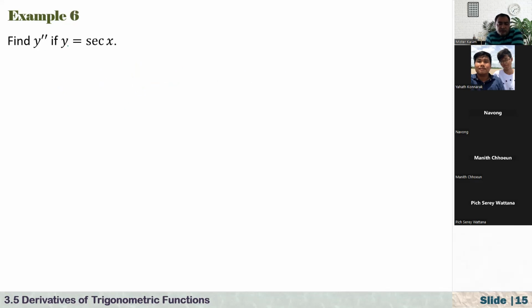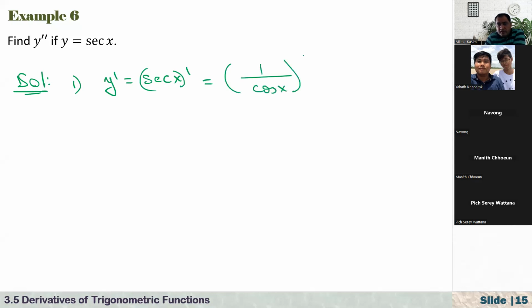So find y double prime. That means the second order or second derivative of this function. Solution. First, what is y prime? That is secant of x prime. And secant is defined as 1 over cosine of x prime.